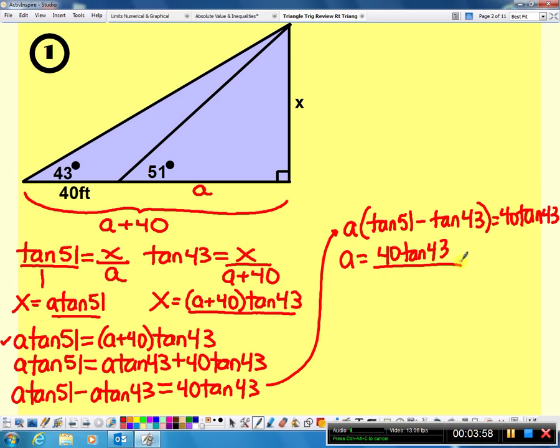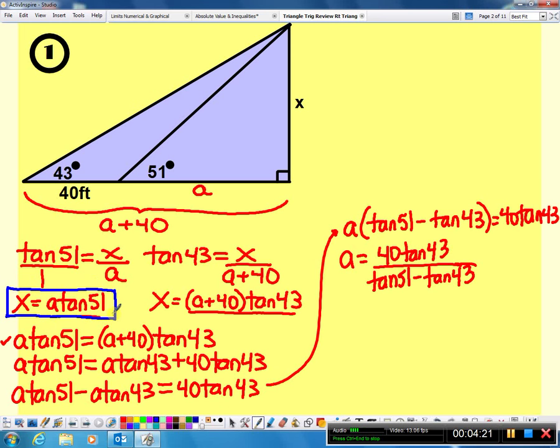Now, I'm going to suggest that you're going to work the fastest and with the least round-off error if you only pick up your calculator once. Well, how would you do that? If you look back, I need to find x ultimately. You've got two expressions that have x equals. I think this is the easier of the two.